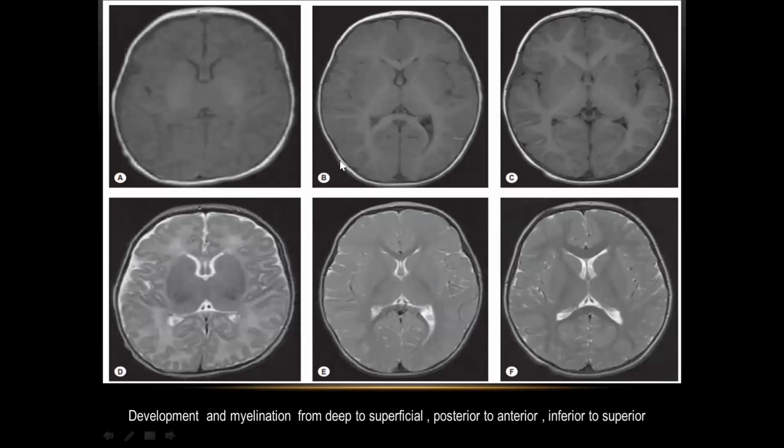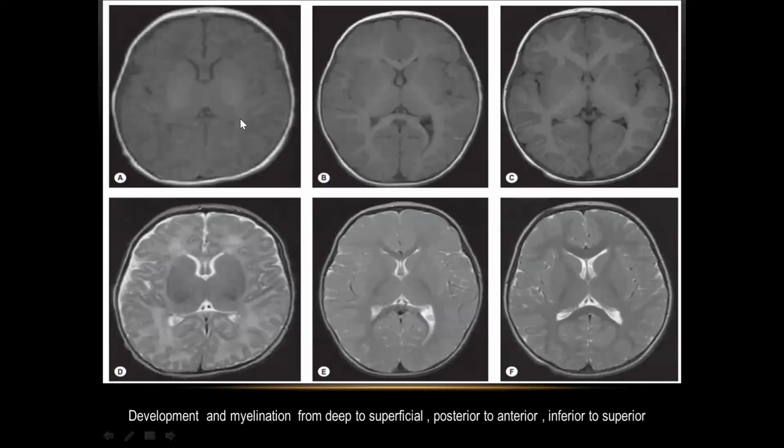This section shows us the development of white matter according to age. The upper pictures are T1, and the lower pictures are T2. In T1, the white matter should be bright.